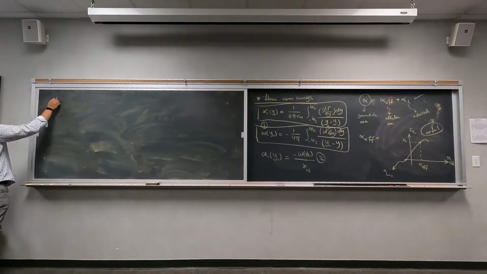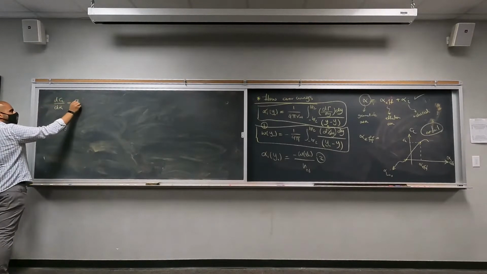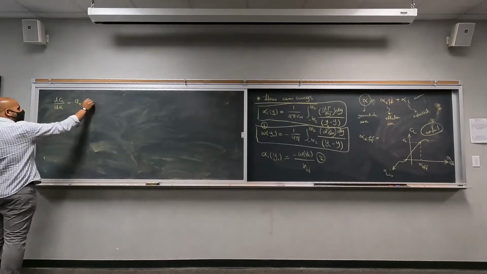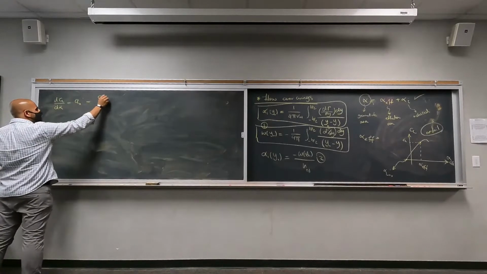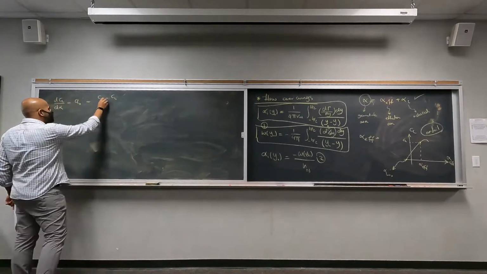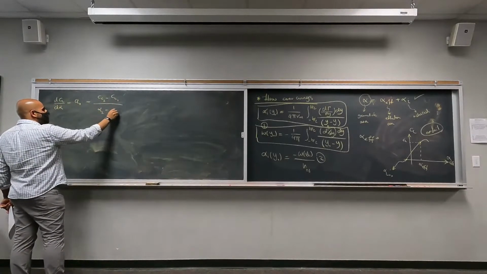So the lift slope, dCL d alpha, or we use the value of A naught for effective angle of attack, is equal to CL2 minus CL1 divided by alpha 2 minus alpha 1.